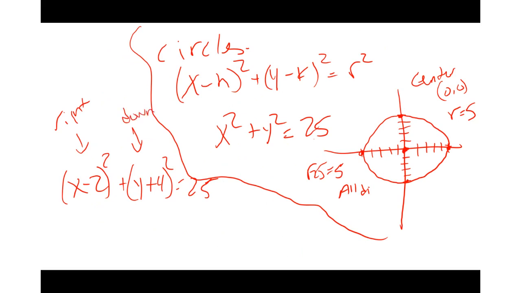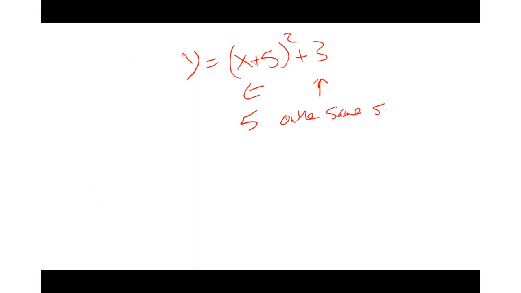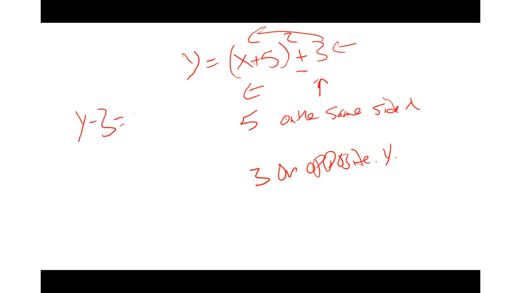Okay. All right. Now, the reason is when we did this, this one went left 5, up 3. But notice here the 5 is on the same side as the x. But here, the 3 is on the opposite side of y. If I were to move this 3 over and make it look like this, then it would go left 5 and up 3.